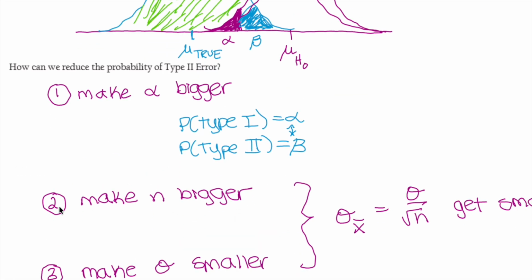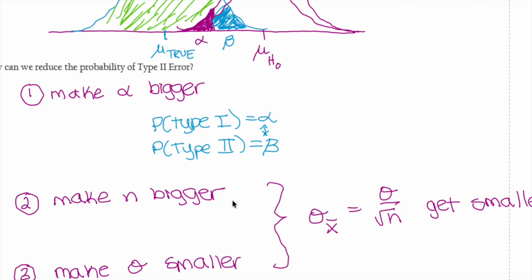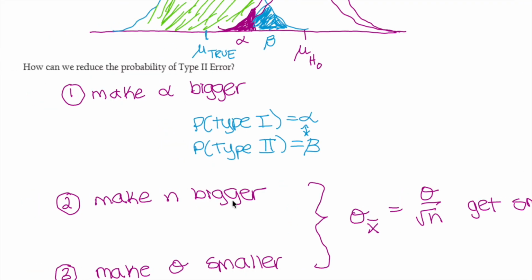The second way is to make our sample size bigger, because as you increase the sample size, the standard error will decrease, so the data will be more precise. The experimental results will be more precise. So then, if there is a chance that the type 2 error will happen, it will be less likely to happen.